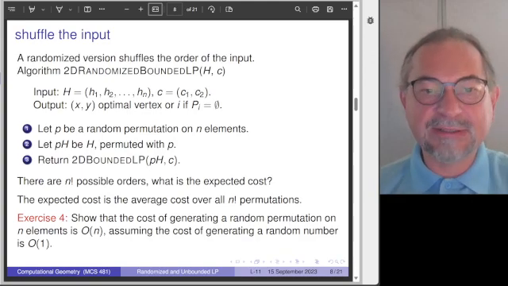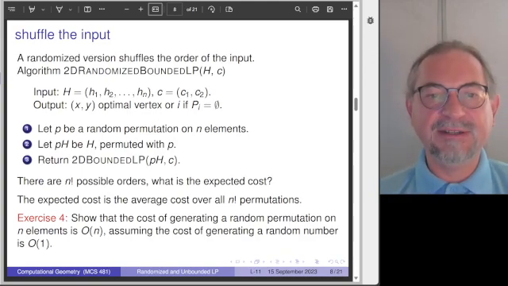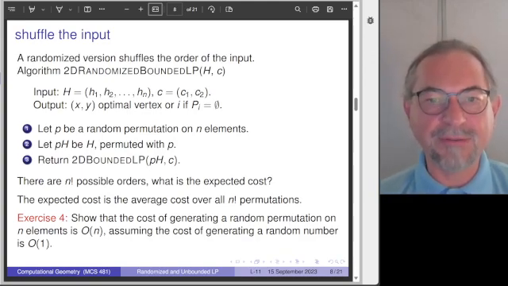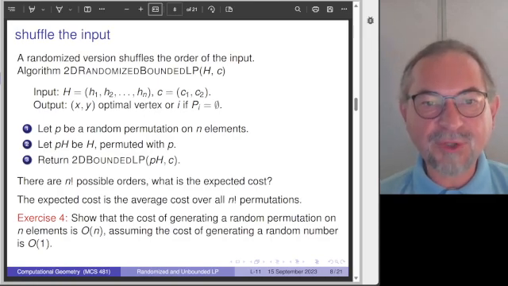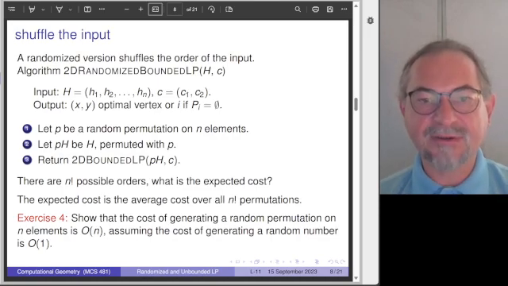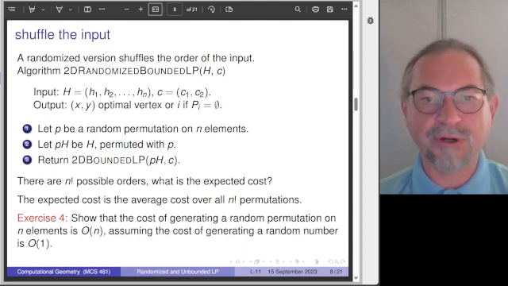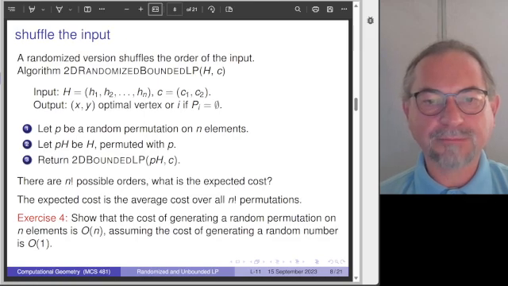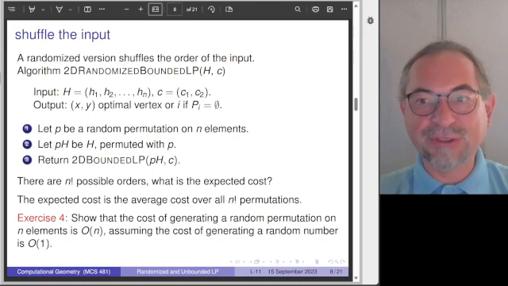Okay, so here is the new algorithm. The new algorithm constructs a random permutation on n elements and gives that as the input of our bounded two-dimensional linear programming problem. So here is the idea. Why is this going to work?